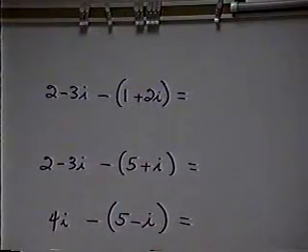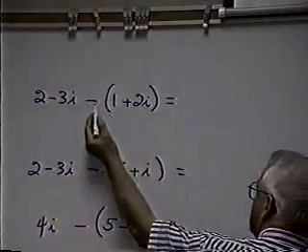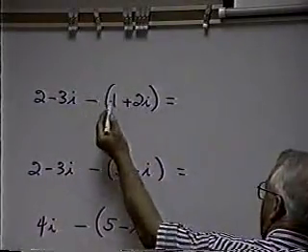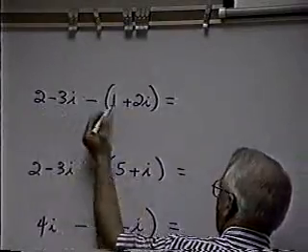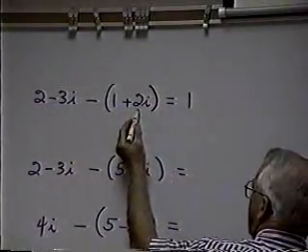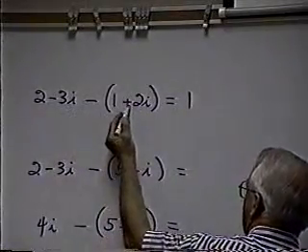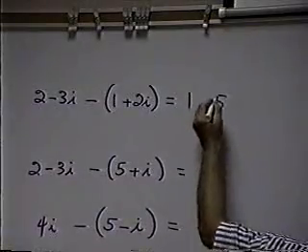Subtracting complex numbers can be done 2 different ways. Number 1 is this. This says subtract. So I'm going to subtract the real part from the real part. 1 from 2 is 1. Subtract 2i from a minus 3i. When you subtract, change the sign and add, so it's a minus 5i.